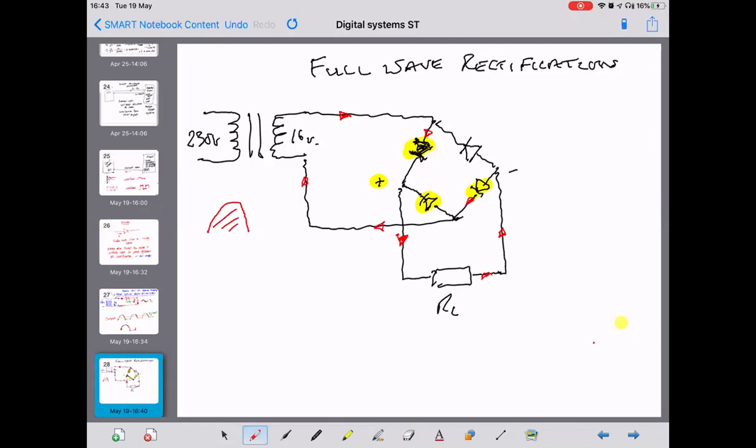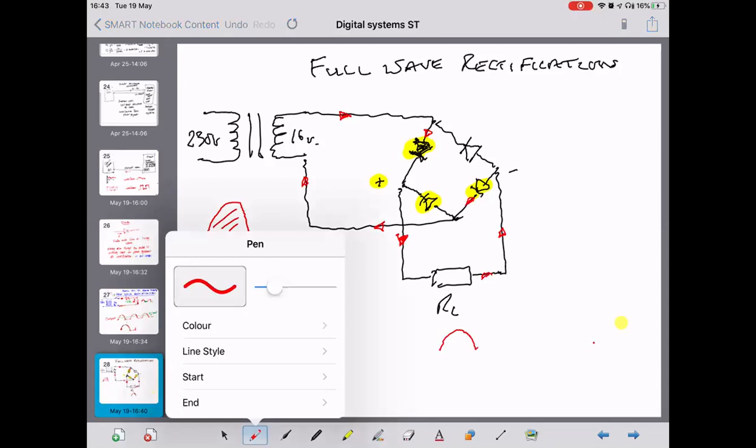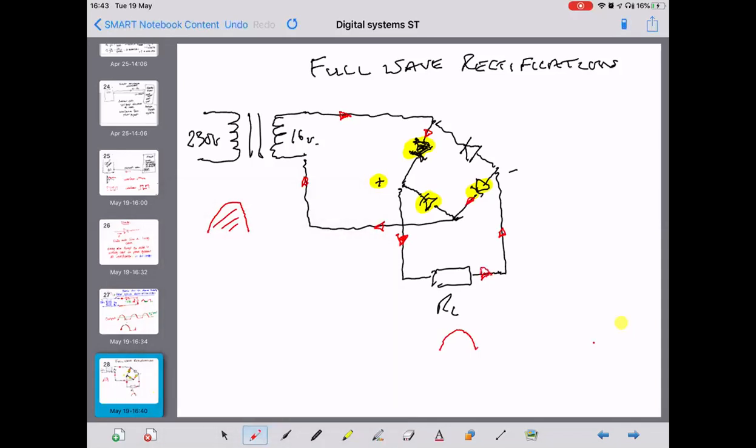So the output in the red half cycle is like so. Yep. Note that the current through the load is going in this direction in that half cycle.